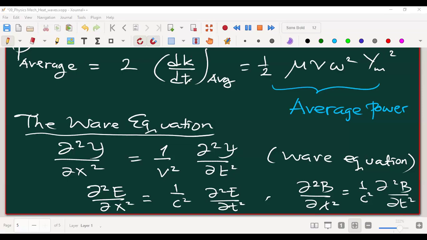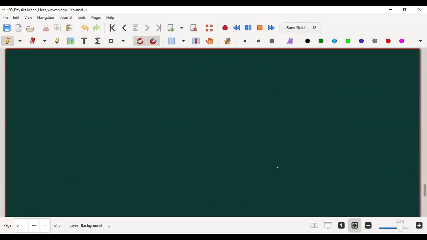Okay, and then next is the interference of waves. So interference of waves means the superposition or combination of waves. Okay, this one is interference of waves.